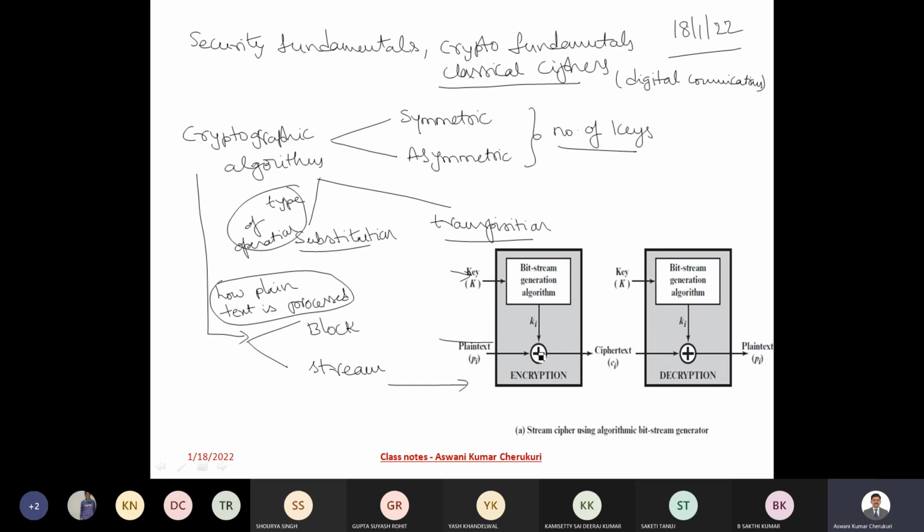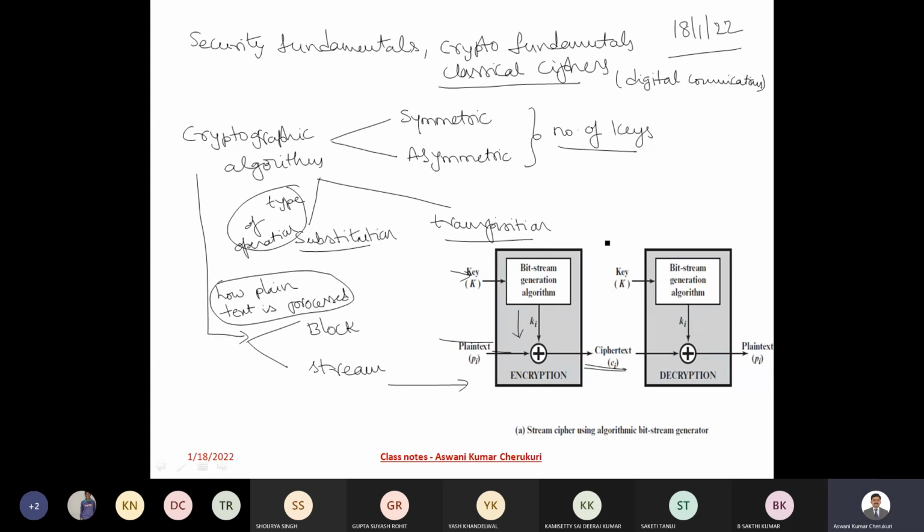Then you combine the plain text with the key. How you combine depends upon the encryption algorithm. So you combine the plain text alphabet with the key alphabet, then you produce the ciphertext alphabet.